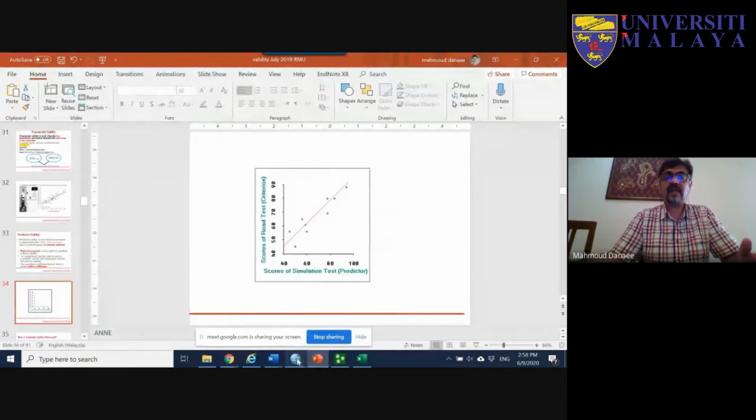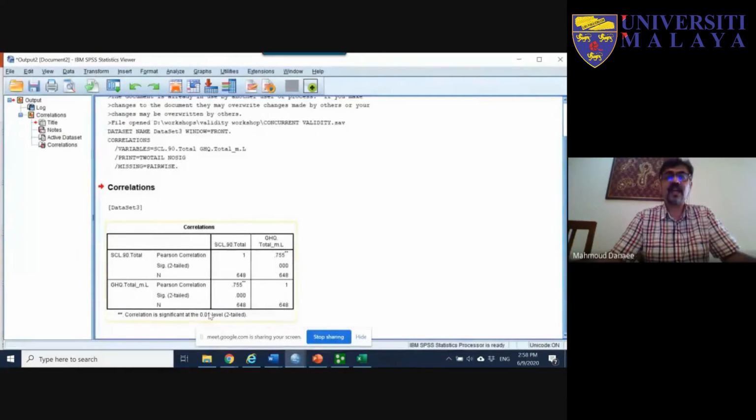two variables. And in this study, as you can see here, we have a strong relationship between the score of the SCL19, which the students try to apply for the first time, and the well-known mental health measurement, which is already validated in Malaysia.